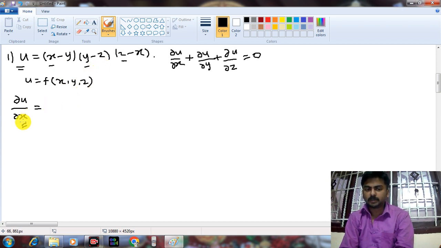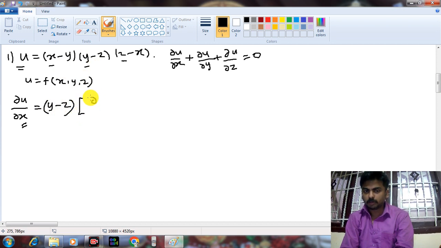Here the function depends on x, so we have to treat x minus y and z minus x as functions of variables associated with x, and y minus z should be treated as constant. I am taking the constant y minus z outside since it is in product. If it is in sum, the derivative of a constant would be 0. Since it is in product, we take it outside.